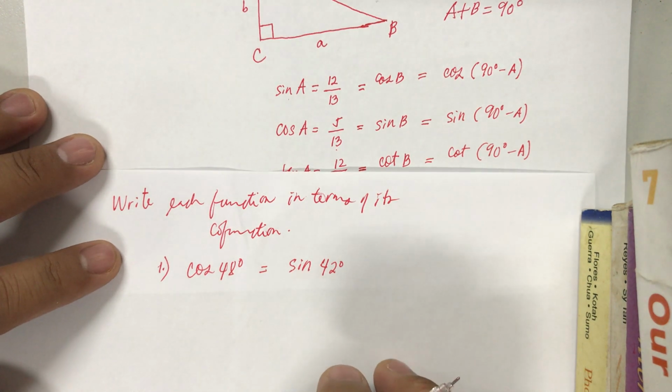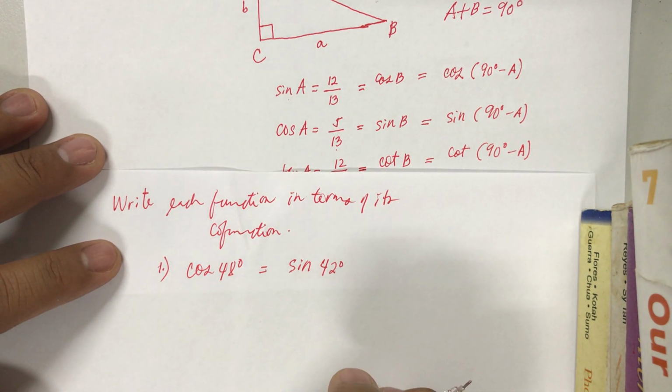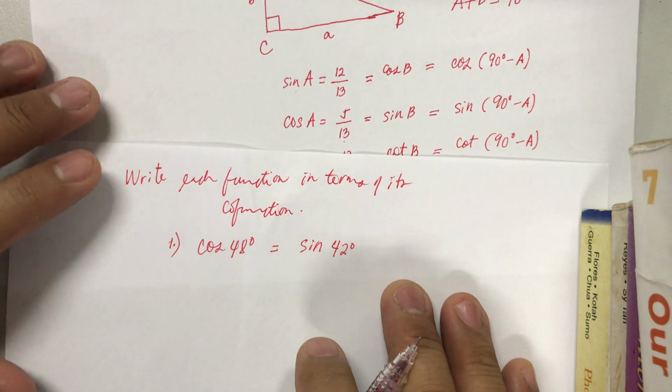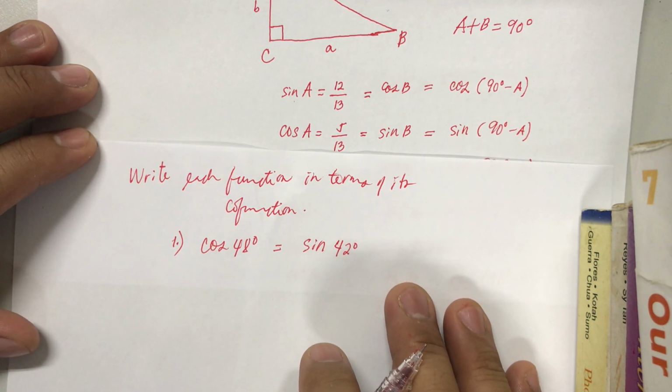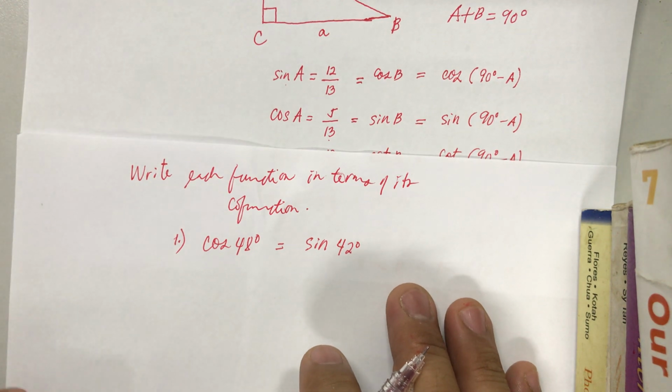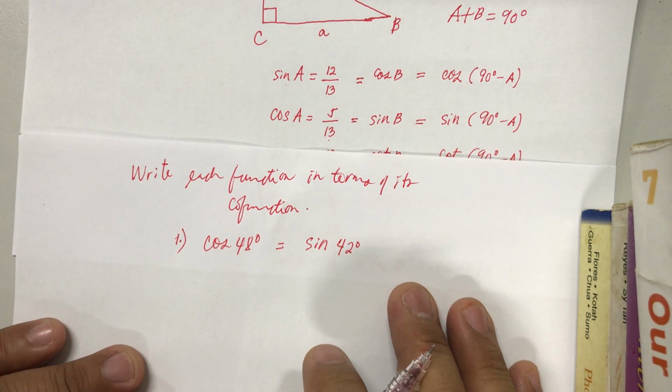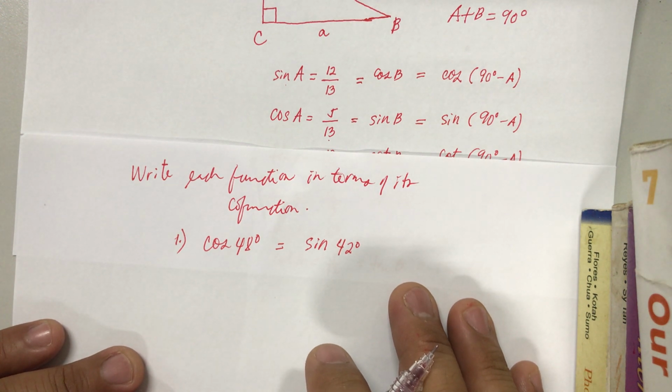But in the exam, as much as possible, you don't really use your calculator. Okay. That is for you to validate and verify that cosine 48 degrees is indeed equal to sine of 42 degrees.